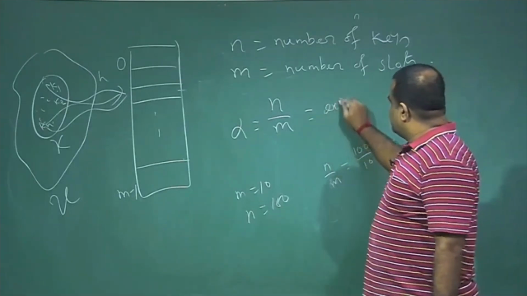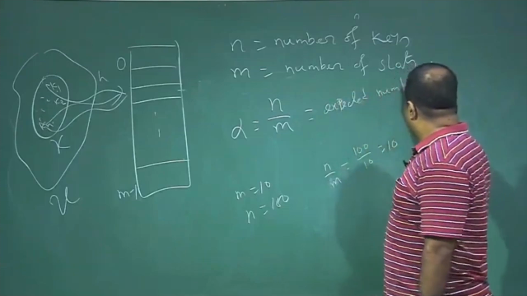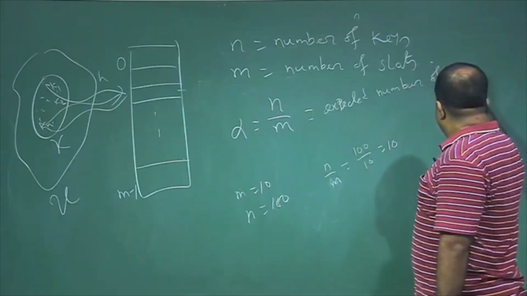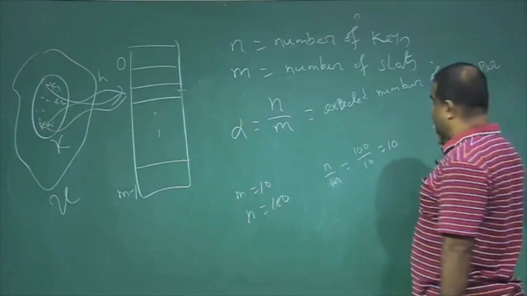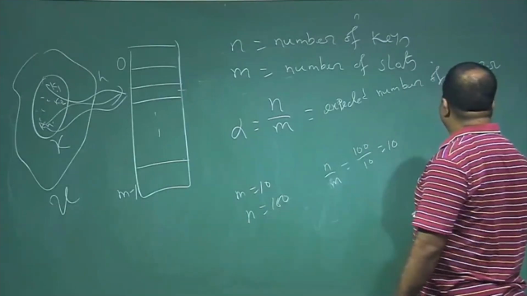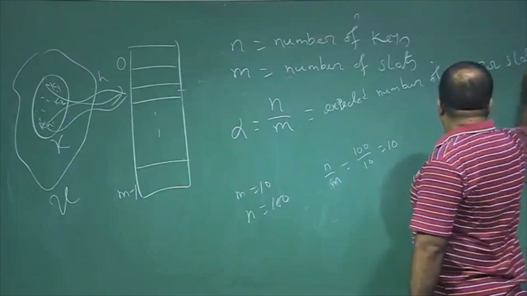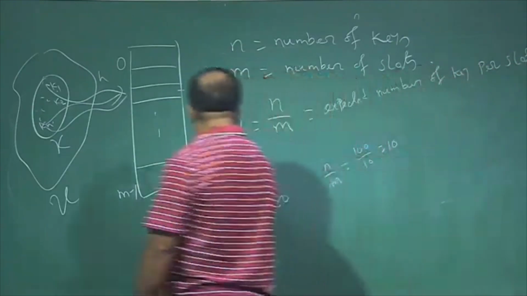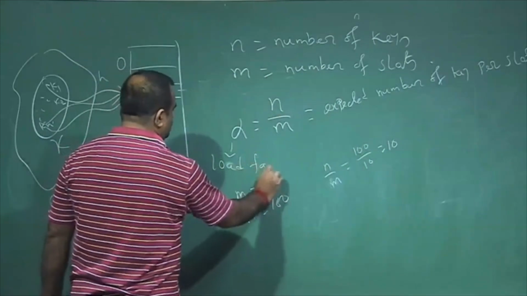This is the expected number of keys per slot, if our hash function distributes the keys uniformly among the slots, and this is called the load factor.